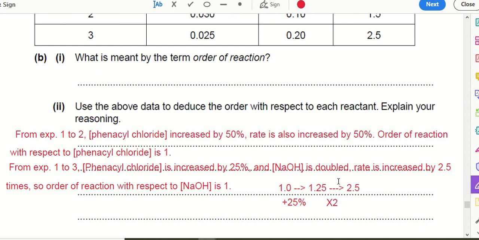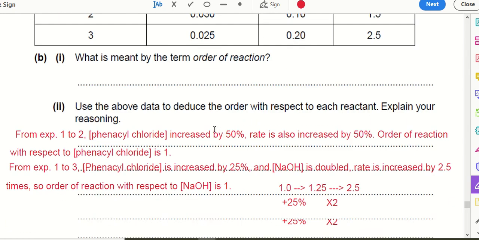The doubling in rate of reaction again is because the concentration of sodium hydroxide is doubled. So the rate is also proportional to the change in the concentration of sodium hydroxide. That's why the order of reaction with respect to sodium hydroxide is also 1. So this is how you solve this type of question.